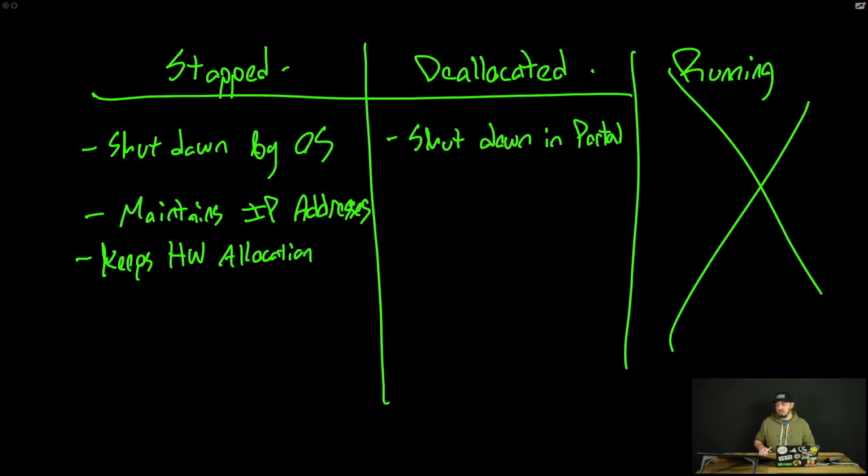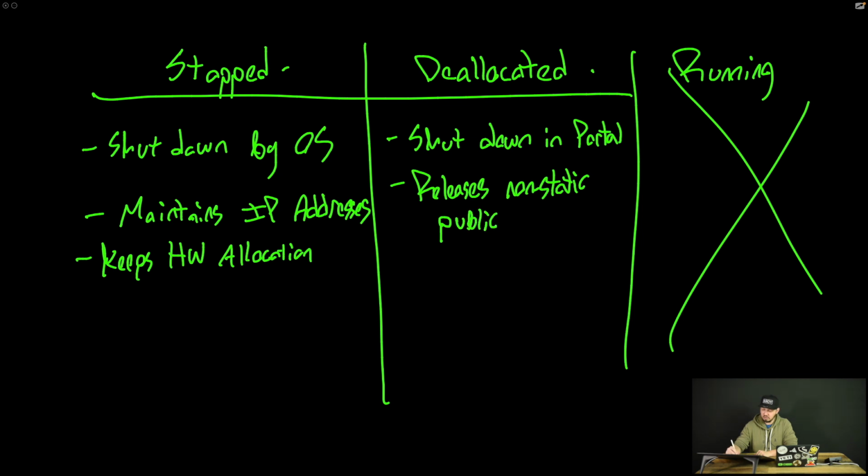Doing this releases non-static public IPs. That's probably the biggest thing you should know. And we lose the hardware allocation, because it's deallocated.